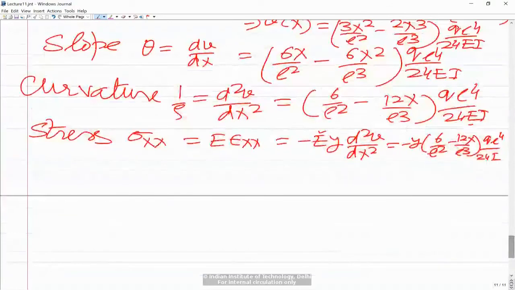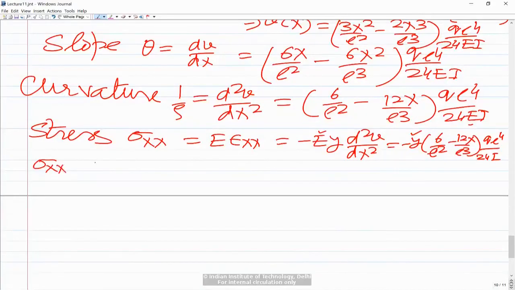So now, you can calculate the variation of stress along the height of the beam, that is, as a function of y, and it's also a function of x. Suppose you want to calculate the stress at the top leftmost point of the beam. You can calculate sigma xx at x equal to 0 and y equal to either top or bottom. So let me put y equal to plus or minus h by 2.